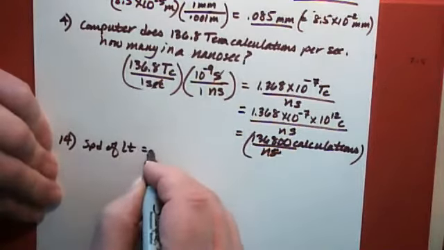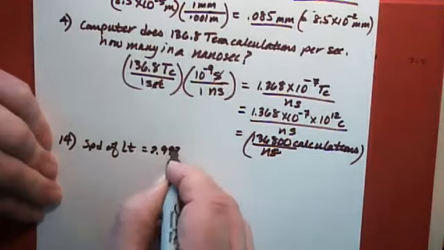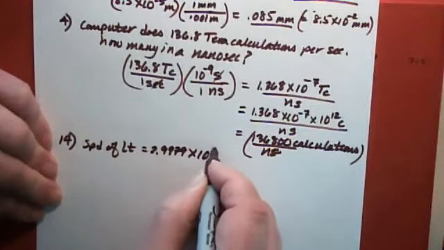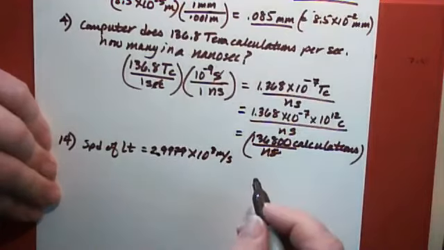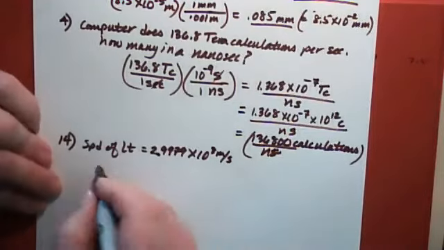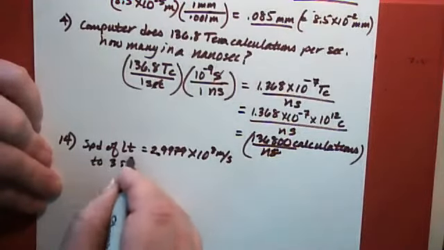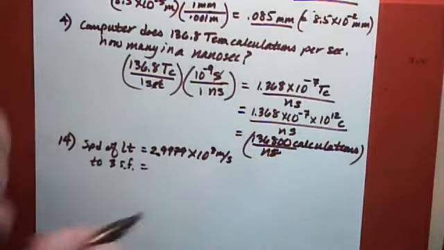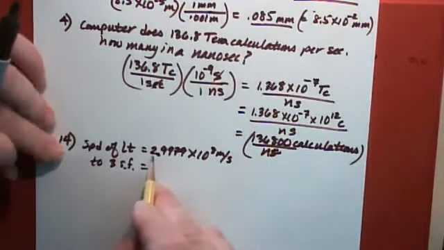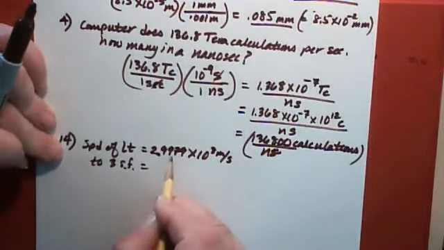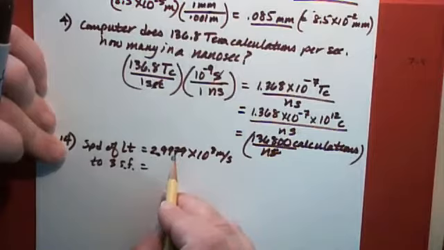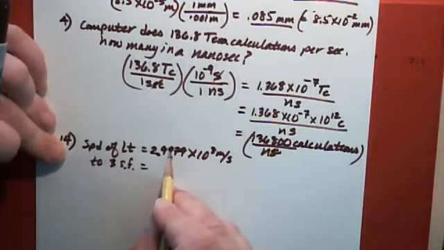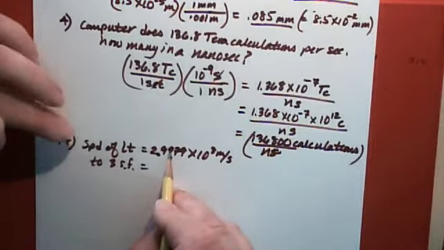The speed of light is 2.9979 times 10 to the 8 meters per second. What is the speed of light to 3 significant figures? Okay, so that means we can take the 2 and the 9 and the 9, and then we have to drop everything from the 7 on. 7 is greater than 5, and that means that the number before it has to go up by 1 when you drop it.